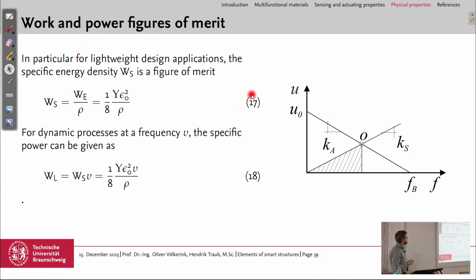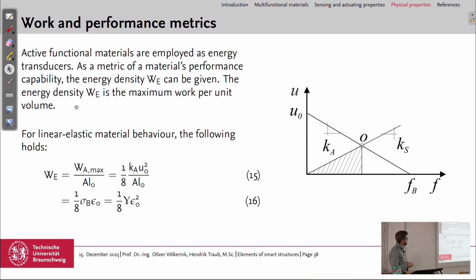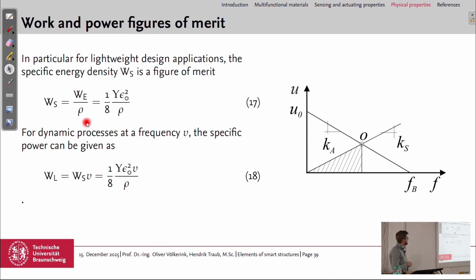We also have power figures of merit. So if we have the density specific energy density, so energy density is WE, and if we divide it by the density, then we have the specific energy density WS.